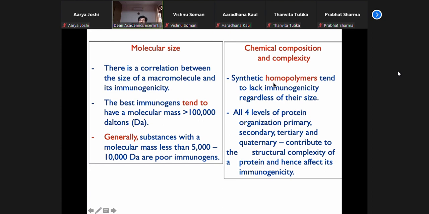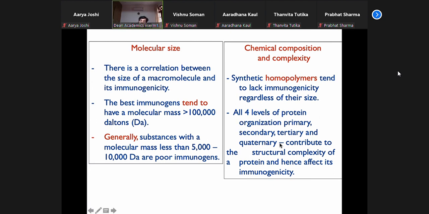Synthetic homopolymers are reduced in immunogenicity. Homopolymers means you have repeating units, like many carbohydrates. They are not immunogenic because they do not have that heterogeneity. With just repeating units, your immune system is not able to recognize them so well.